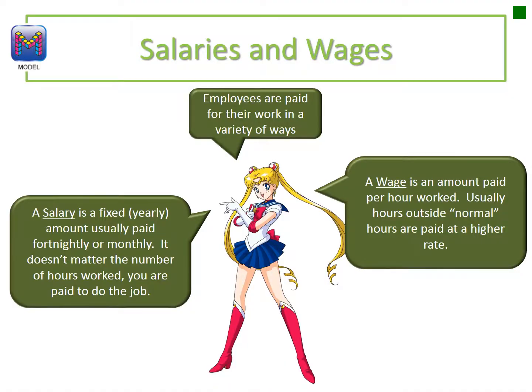All right. Employees are paid for the work in a lot of different ways. You can be a salary earner, on the left-hand side there. You get a fixed yearly income, and if you're paid fortnightly, there's 26 fortnights in a year. We just get your total salary and divide it by 26, and that's the amount of money you get each fortnight.